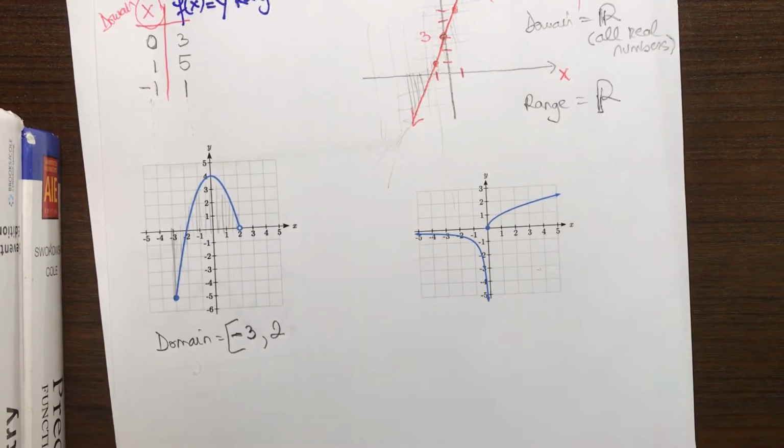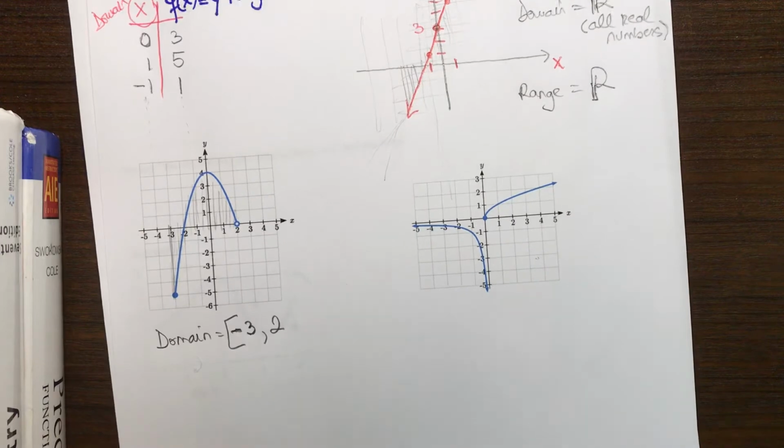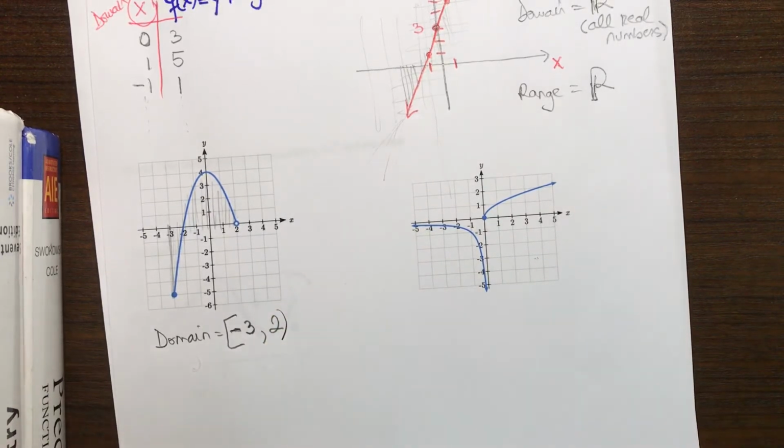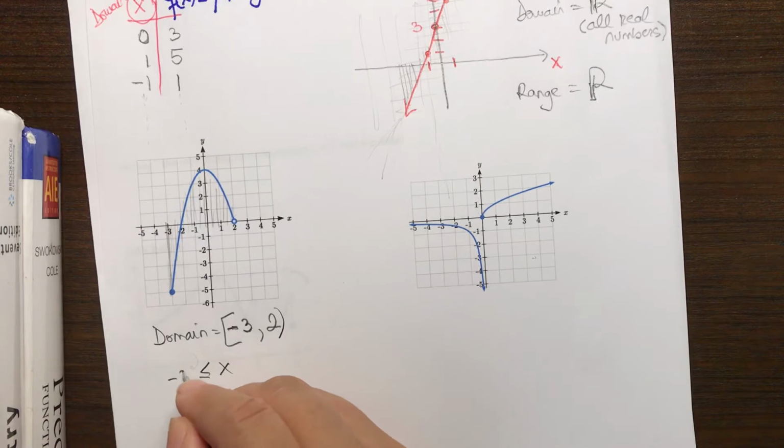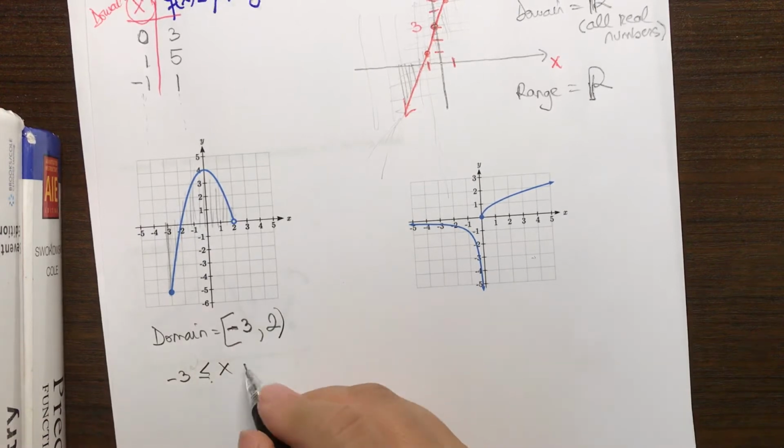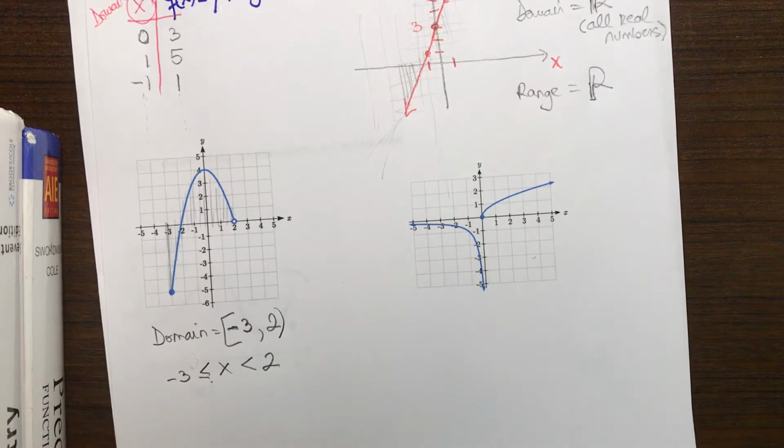So is 2 included in that domain? Do you have a y value for that 2? In other words, can you even plug in a 2 into this function? As you see, you don't. So the parenthesis means simply, just as I said here, that the x values are greater than or equal to -3, but they're only less than 2. So it only goes close to 2.